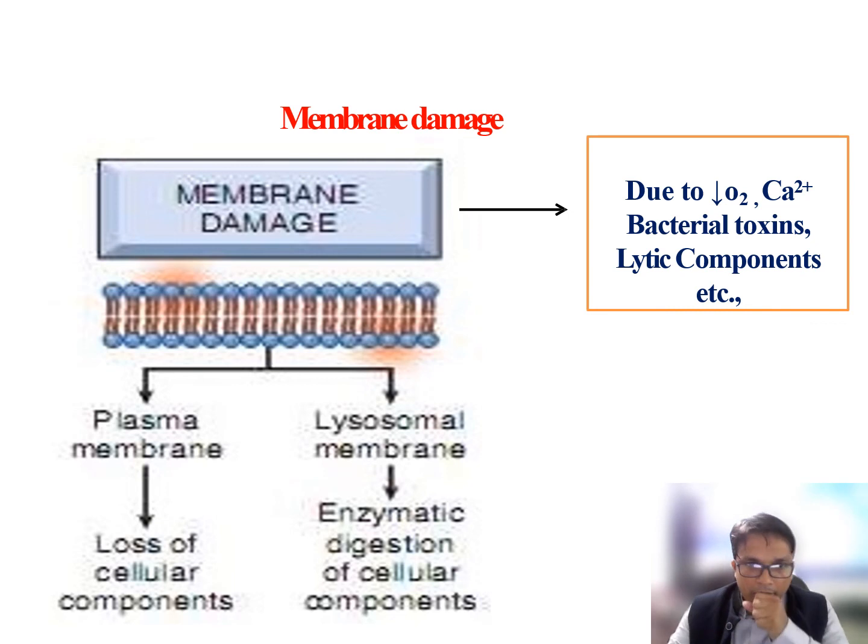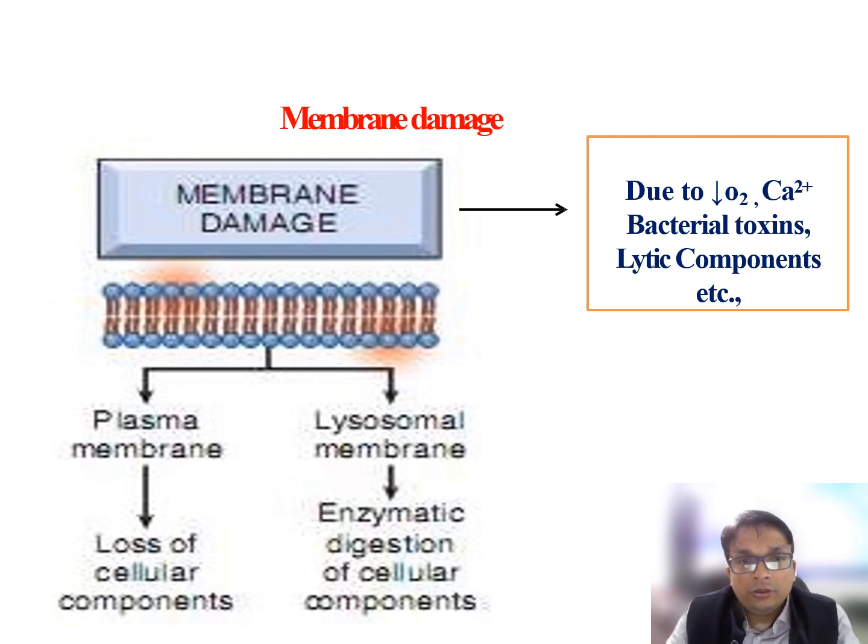Moreover, the cellular membrane is also over the lysosomes. Lysosomal autolysis I taught you in my earlier presentation. You can see over there. Autolysis is a type of cellular injury where the layer gets damaged and the hydrolytic enzymes are released.